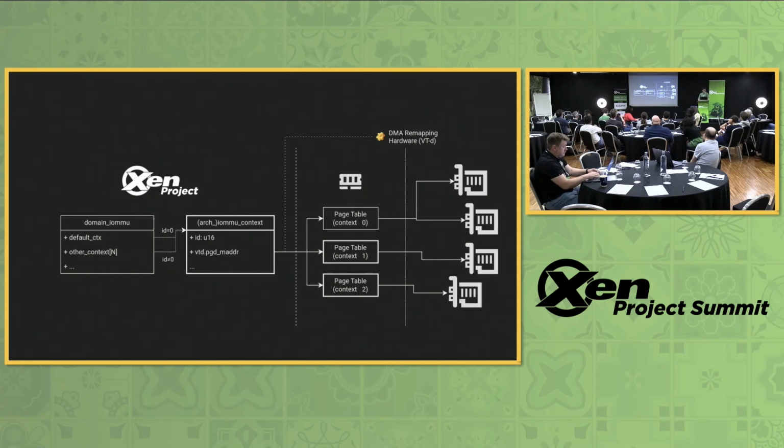So we have the default context, which is pretty much the base one, I would say, and other contexts of a limited number, which are separate page tables that we can apply on the devices separately, instead of one page table for all the devices, which is controlled by the reattach operation, either internally and with the PV-IOMMU interface. So it looks pretty much like this.